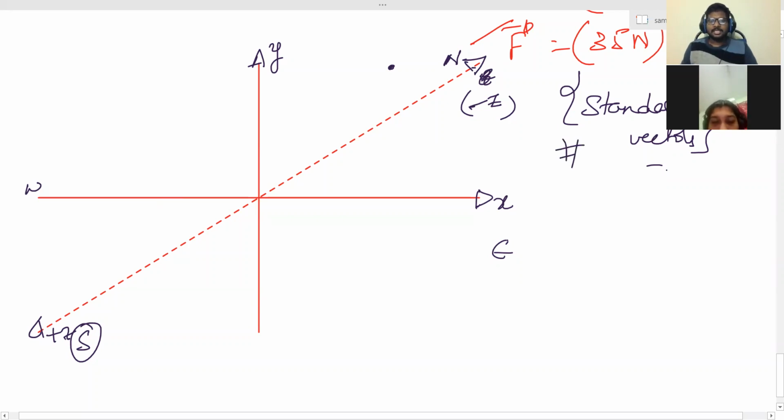So can we describe like this: east, west, north, south? Are these the four directions or not? Yes, sir. That you know. And this direction will become northeast. This is north, this is east, and in between is northeast.